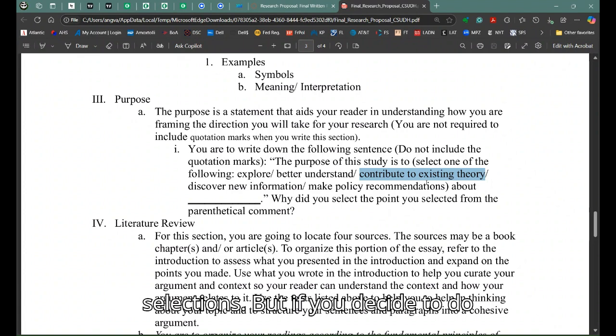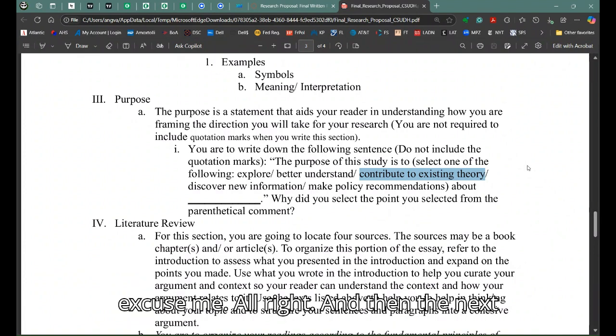But if you decide to do explore or better understand, you still need to show the understanding of that in the body, but the degree to which that's evaluated is much lower compared to the other three, if that makes any sense. Okay, but they're still relevant and they're still important points to be used and understood and implemented. Okay.